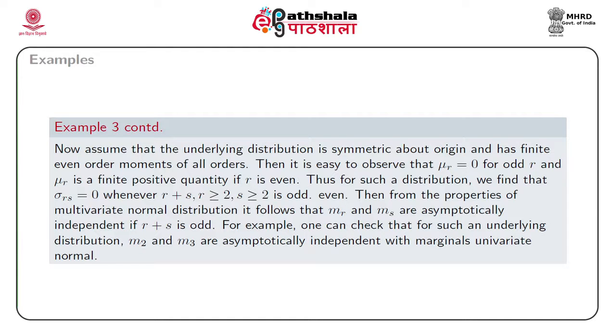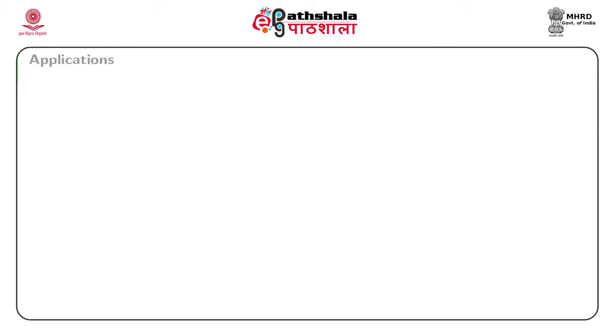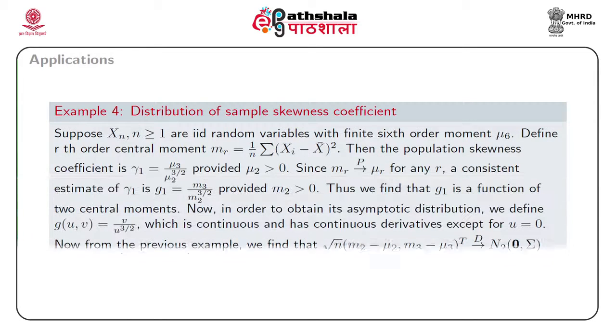Then, from the properties of the multivariate normal distribution, it follows that mr and ms are asymptotically independent whenever r plus s is odd. For example, one can check that for such an underlying distribution, m2 and m3 are asymptotically independent with marginals univariate normal. Our next example is related to finding the large sample distribution of the sample skewness coefficient.